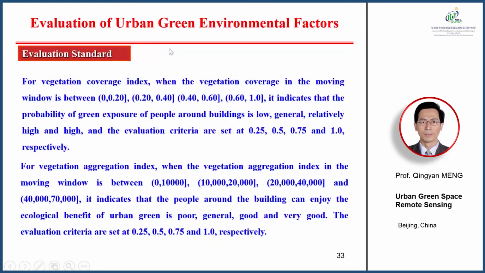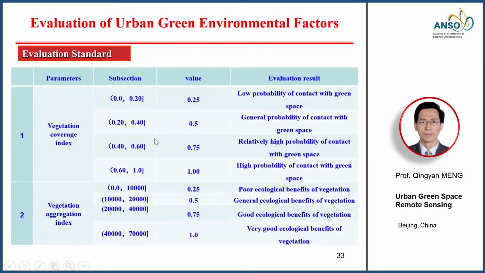And then we develop the evaluation standard from the different levels. For vegetation aggregation, this is the standard. This means low, general, and relatively high vegetation coverage index.